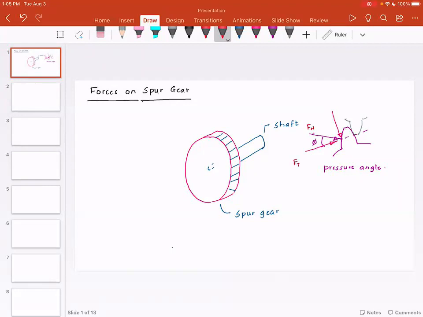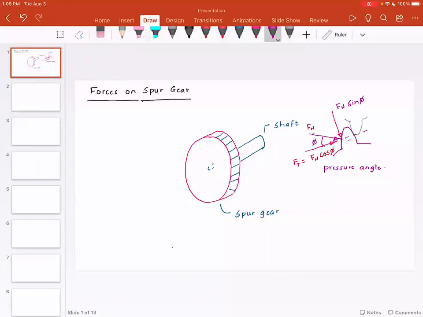Ft, the force that is causing this gear to rotate, or the force that is applying torque on this gear, is Fn cosine P. And the vertical force is Fn sine P.